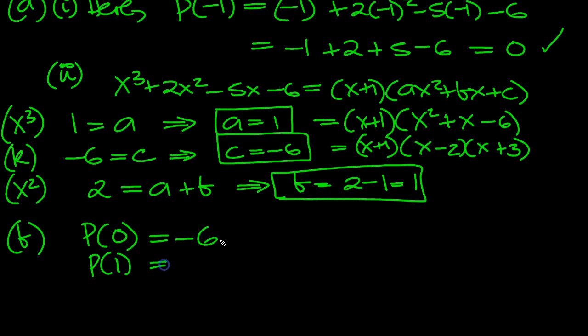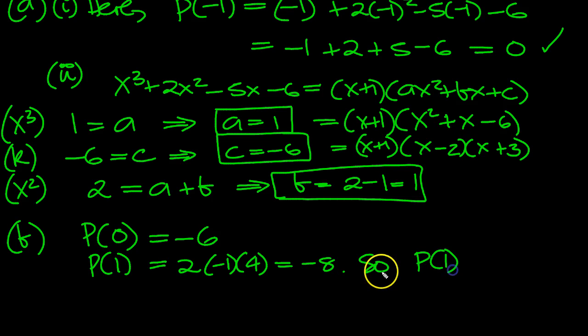If we put 1 in, we'll get 2 here, and then we'll get 1 minus times minus 1, because 1 goes in here, and then we get 4, which is equal to minus 8. So P1 then, minus 8, is going to be less than P0. Minus 8 is less than minus 6.